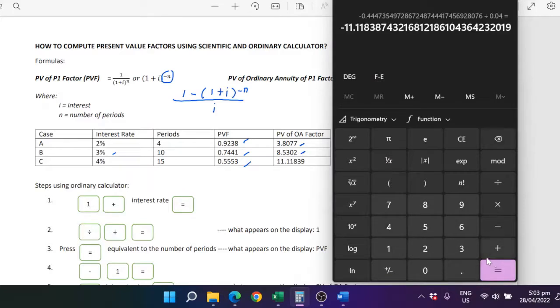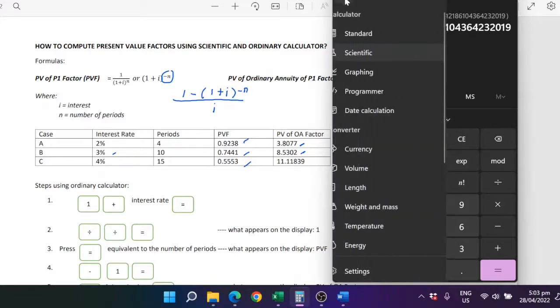You will get negative 11.118387, or get the absolute amount, you will get 11.11838. All right, so we're done with the computation using the scientific calculator.